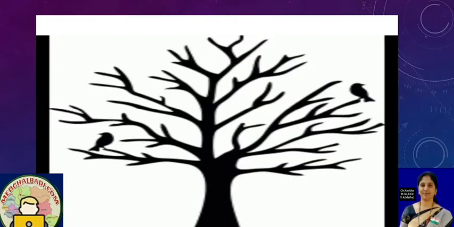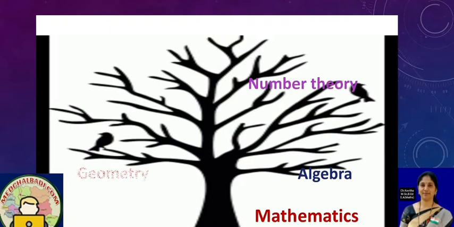If we assume mathematics as a big tree which has so many branches, like algebra as a branch, and number theory, geometry, like that trigonometry is also one of the important branches. Students who want to take mathematics as a subject in higher studies have to concentrate on this trigonometry.